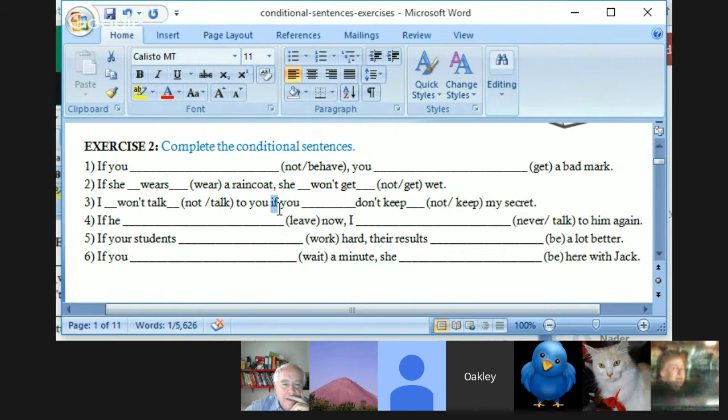There are other subordinators that are not time subordinators, like because. Okay, because you will be late, I will also be late. That's no problem. I can use will with because. I cannot use will with if, ever. I'm just making a point there.